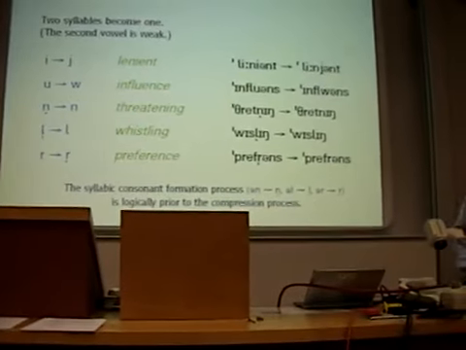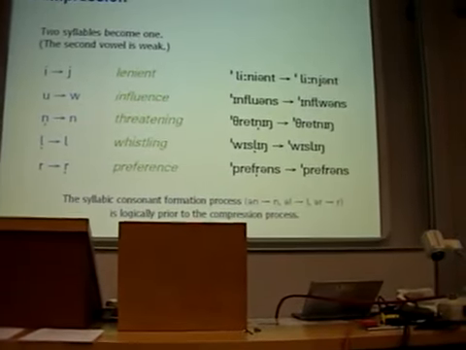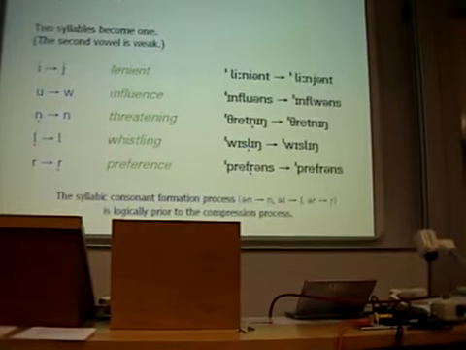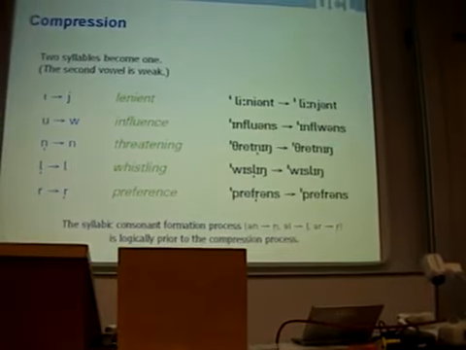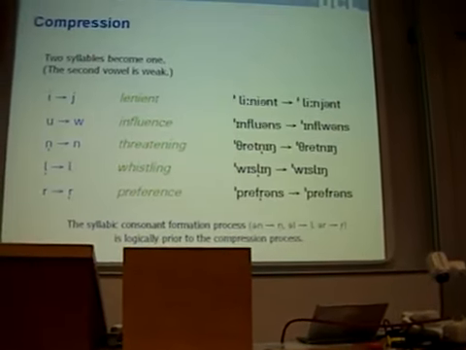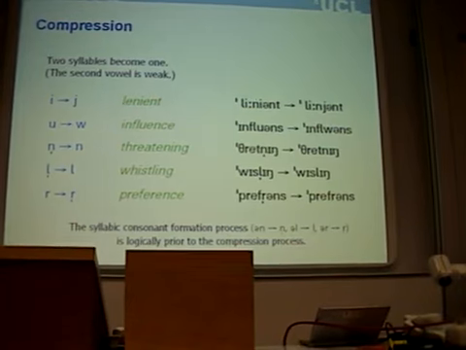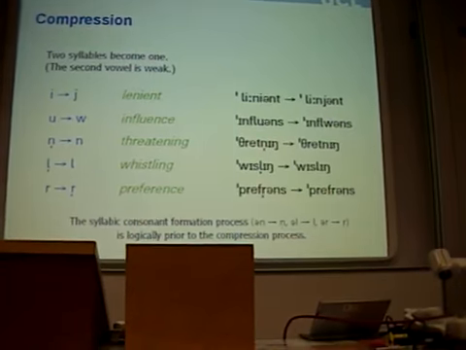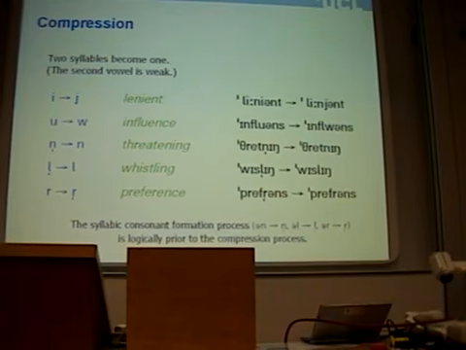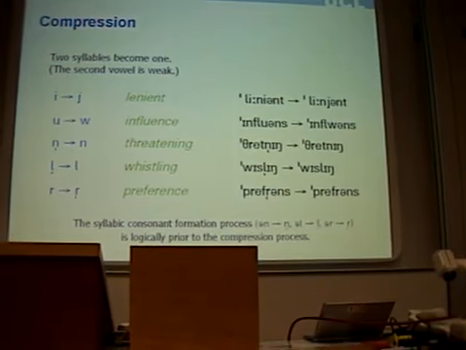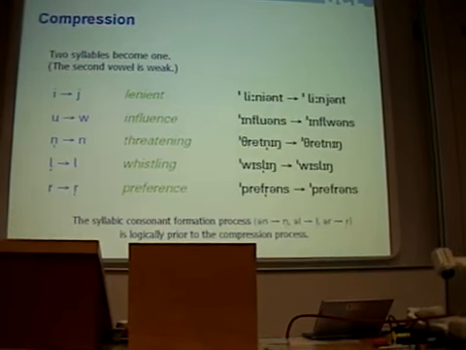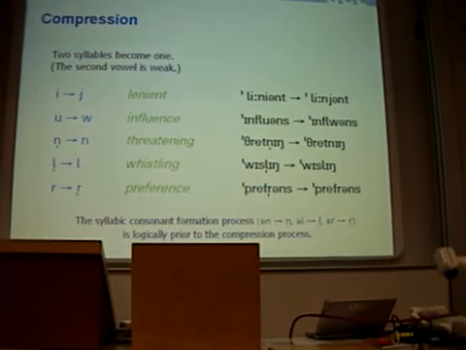Right, let's move on now to a more dynamic matter. I want to talk about something that happens to vowels in connected speech and sometimes to vowels in words in isolation. And this concerns the number of syllables in a word.